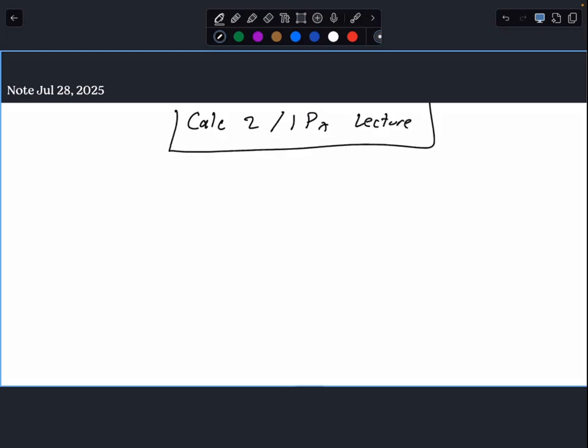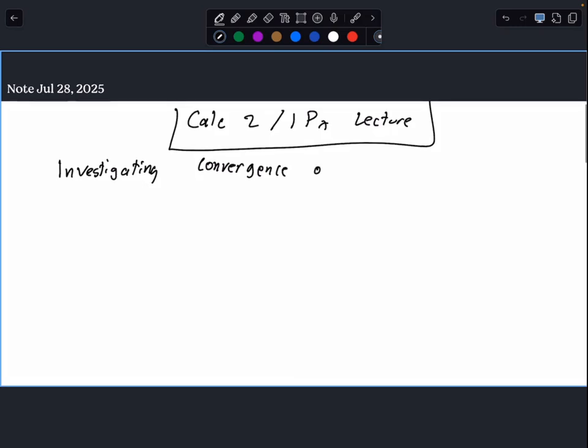Mathy magic. All right, so we last left off investigating convergence of infinite series. And we discussed three different tests so far.